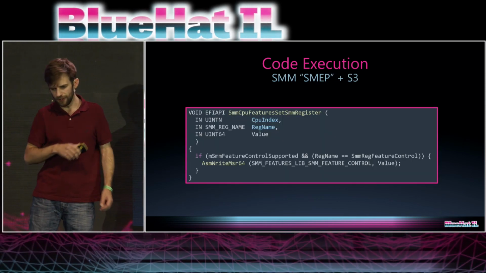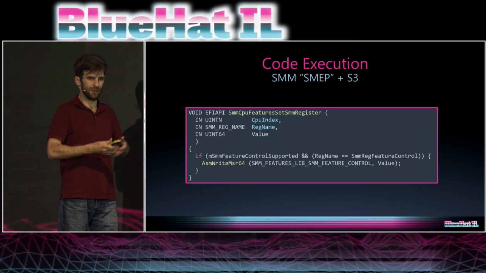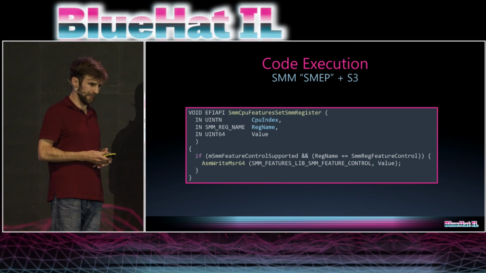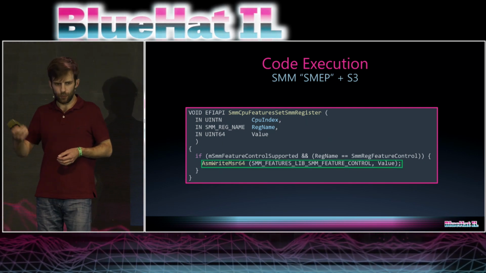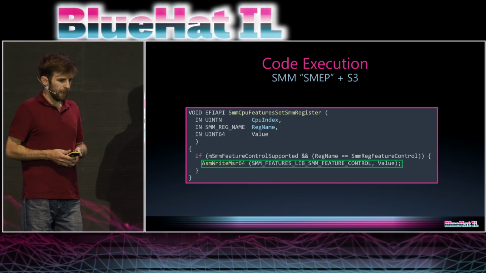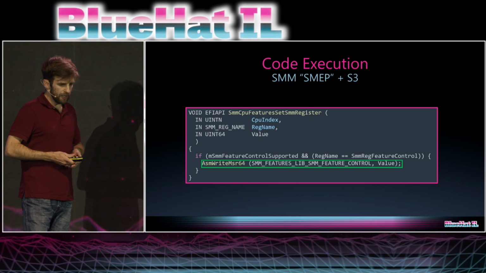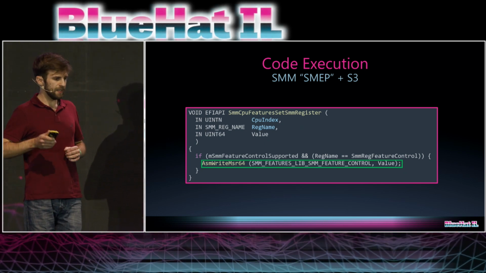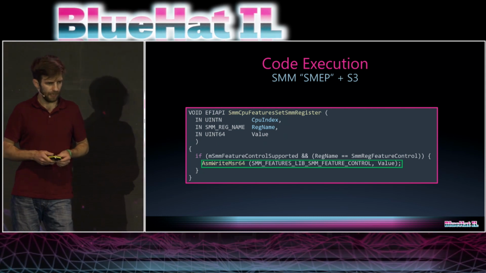So here's the function that is part of the S3 resume path, the path that is executed when your computer wakes up. So here we have the actual write to the MSR with a certain value that comes from the RAM. And what's interesting here is that it's inside an if statement.